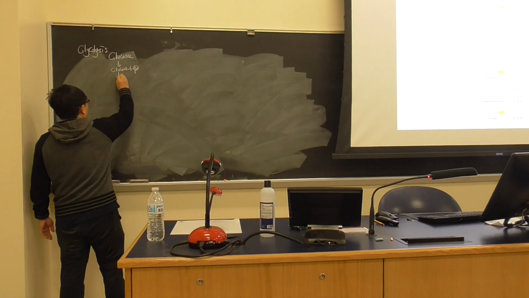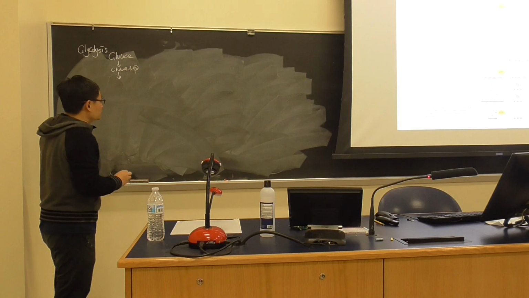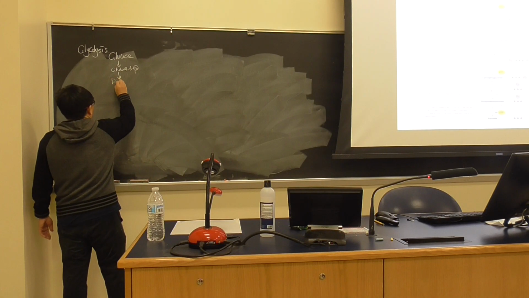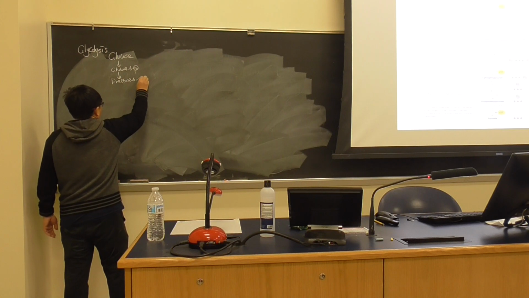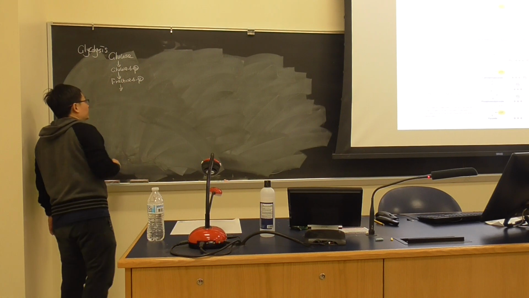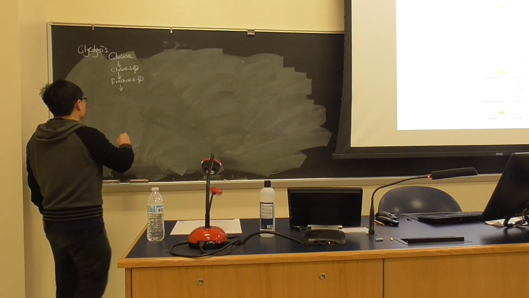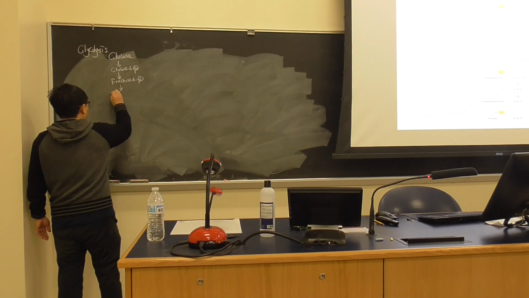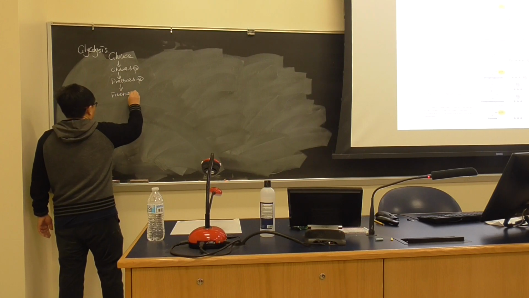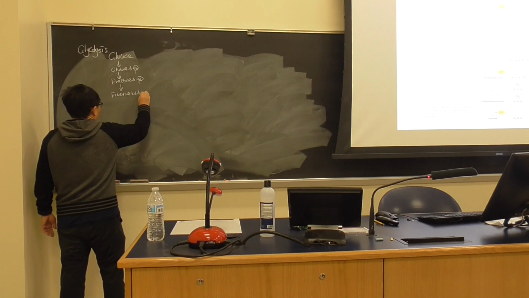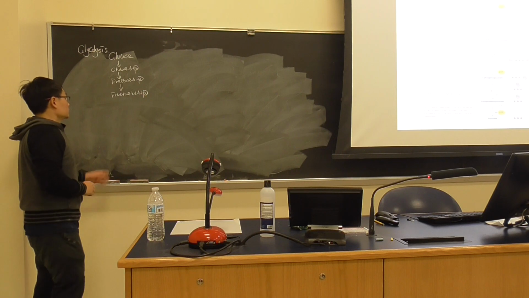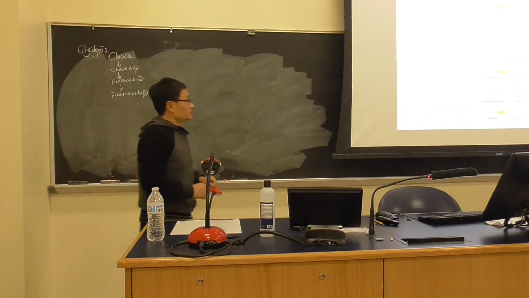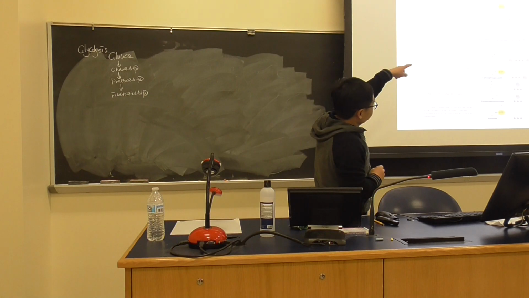Then going through an isomerization process, become fructose 6-phosphates, and then you add another phosphate, then become fructose 1,6-biphosphate. Okay, so this is the first step, and you can see that.